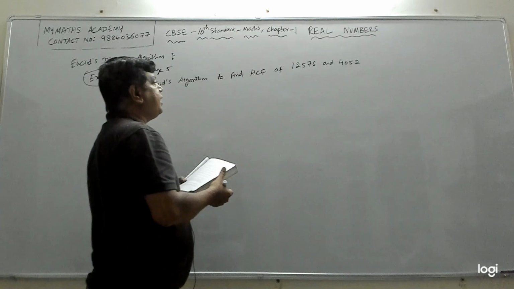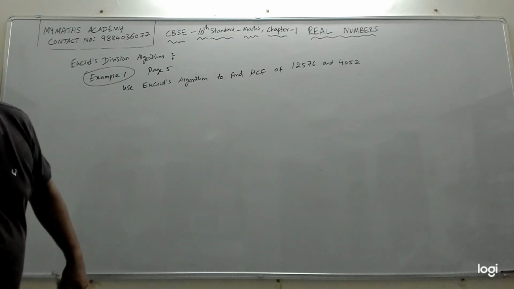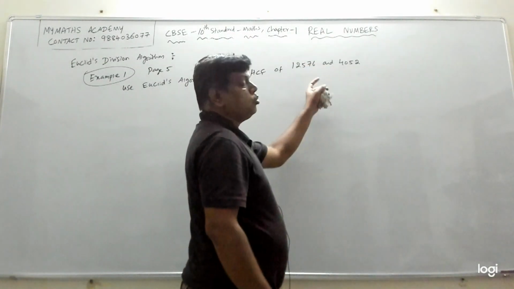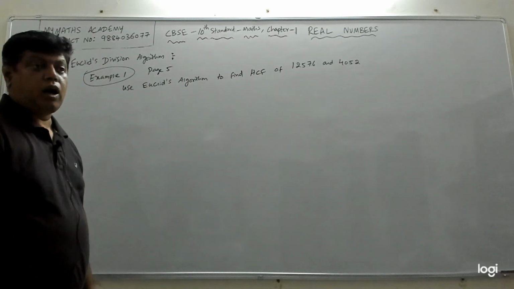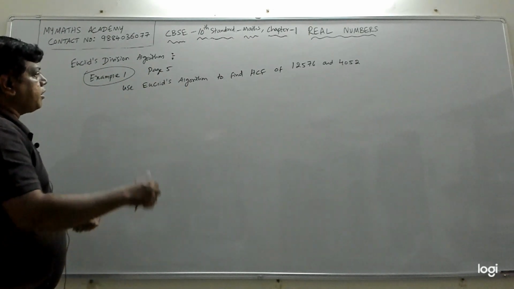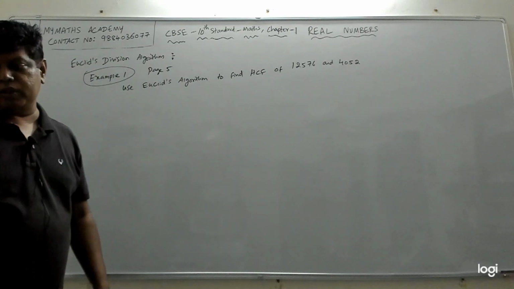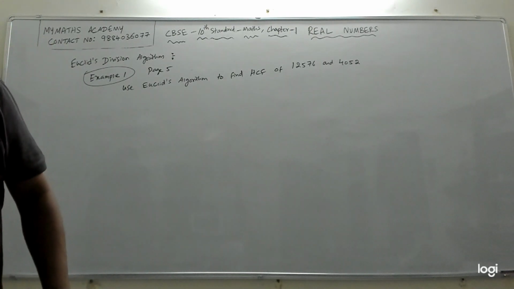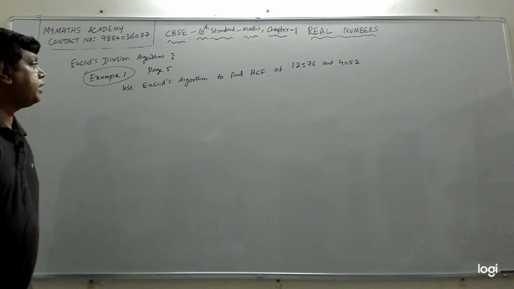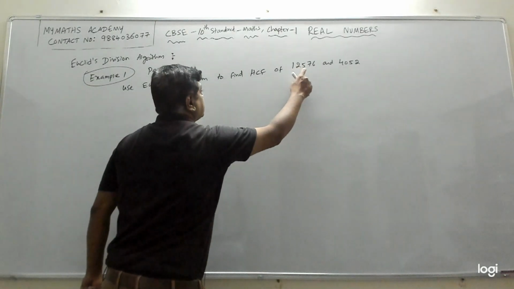So we need to find the highest common factor of these two numbers using Euclid's division algorithm. So what we should do in the first step is, we need to apply our Euclid's division lemma for these two numbers.